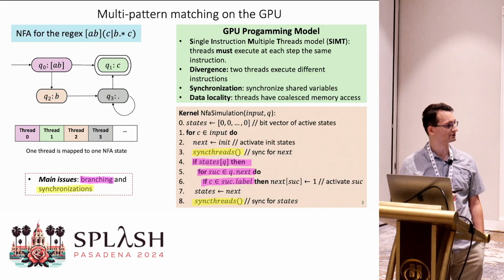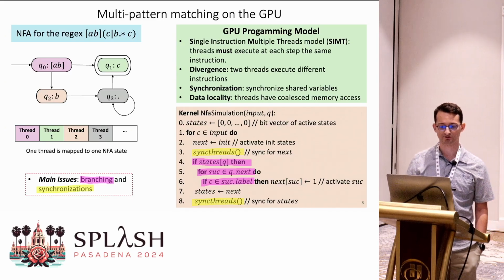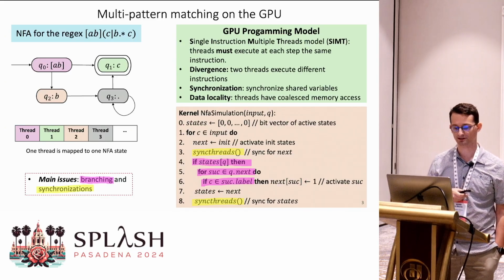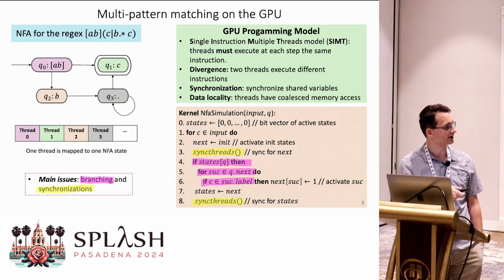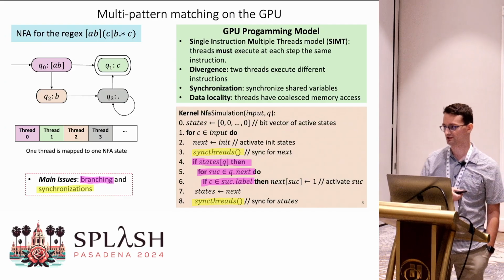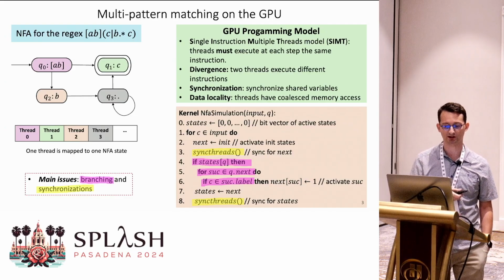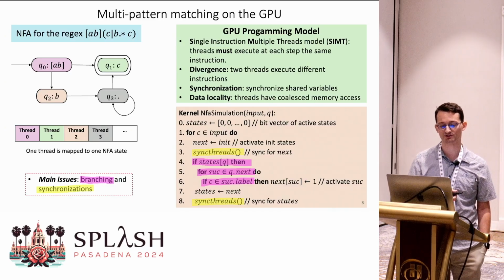There are several issues if we want to port that algorithm to the GPU. The first one is that you have a lot of synchronization at steps 3 and 8 that can slow down the performance. Another thing is that in the lines highlighted in purple, between lines 4 and 6, you have a lot of branching, because some of the threads might take the branch and some might not. For instance, at line 5 we iterate over the successors of a given state.